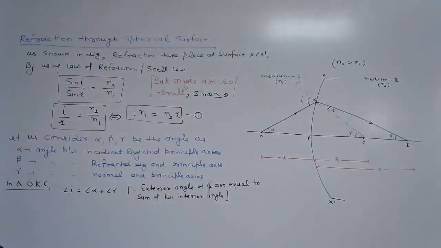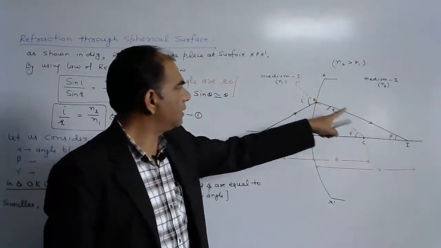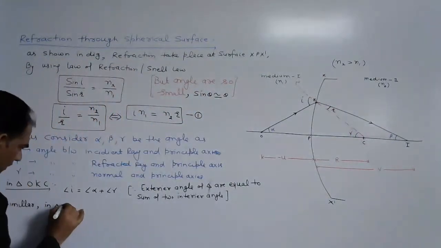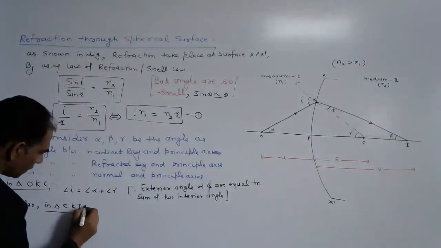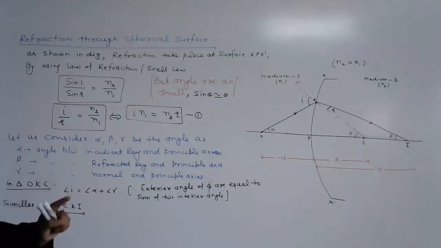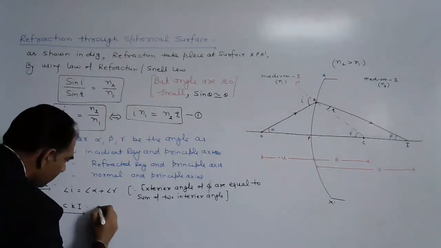We use this geometry similarly in another triangle, CKI. Here the same concept is applied, as the exterior angle is gamma.